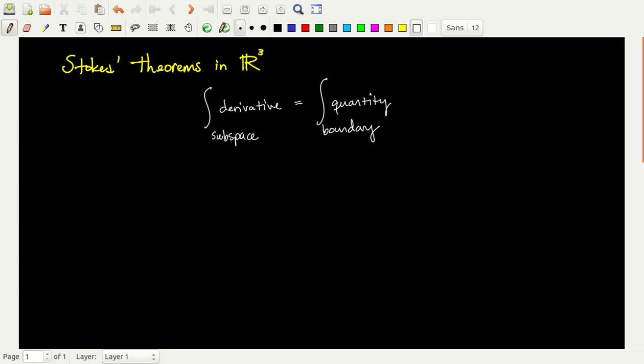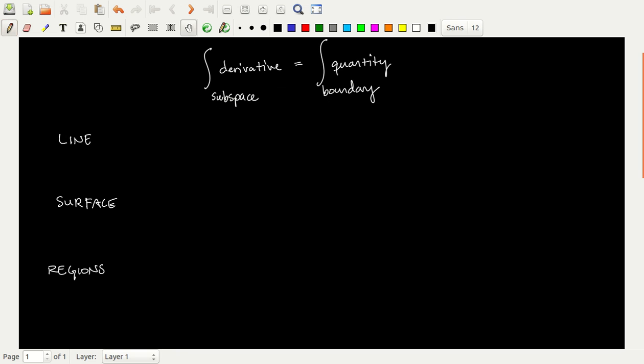The types of subspaces of R3 that we can deal with: lines, surfaces, and regions. The boundary of each of these: the boundary of a line is its two endpoints. The boundary of a surface is a curve.